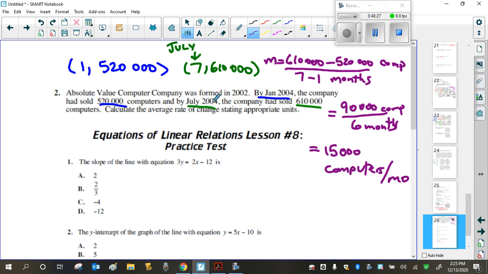So what's the rate of change that they're selling in 2004? It's y2 subtract y1 computers divided by x2 subtract x1 months. 90,000 divided by 6 months. That's 15,000 computers per month they sell.